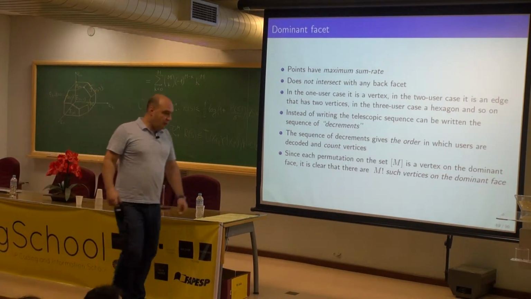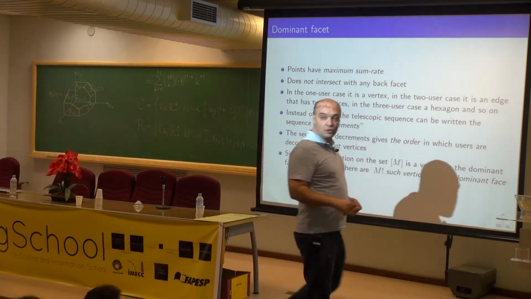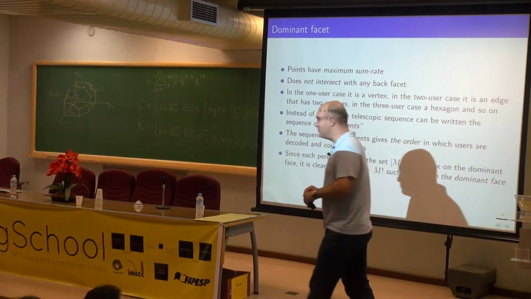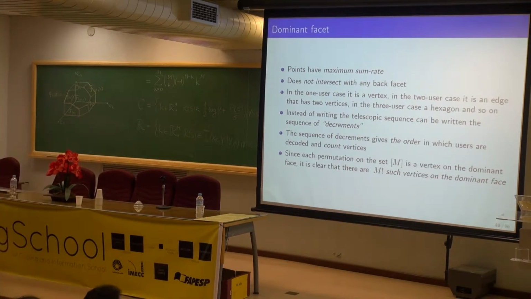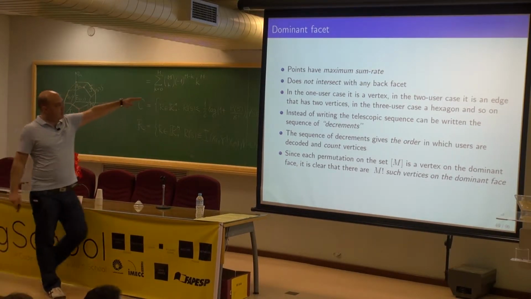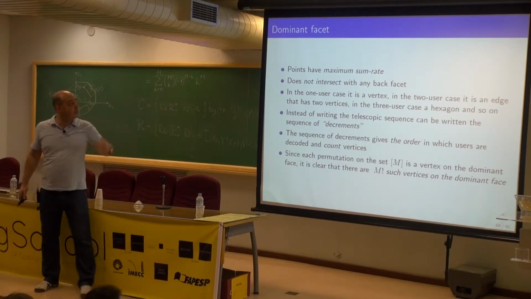Okay, now we go to the most interesting animal, called the dominant face. People in information theory like to call it the dominant face. Let me just state the things that are written. As we noticed, it does not intersect with any back face. I will repeat this.